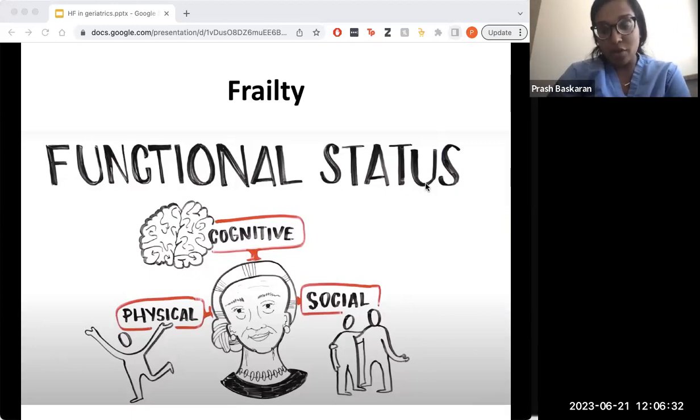And only 17% of patients who are admitted and lose one function will return to their original baseline. And 30% of patients who lose a function are more likely to be readmitted in 60 days. So losing functional status in the context of frailty has significant implications for both hospitalization as well as quality of life for these patients.